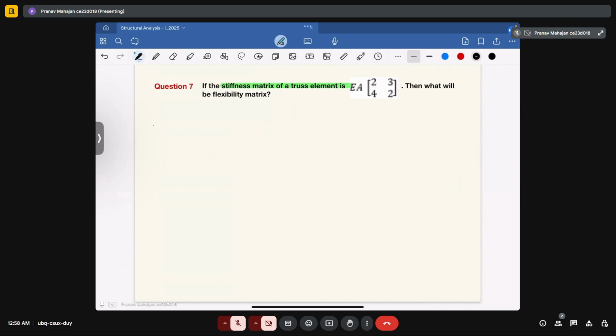As per the property of the stiffness matrix, your flexibility matrix will become equal to the inverse of your stiffness matrix. That means in this question, you are required to calculate the inverse of the stiffness matrix that is provided to you.